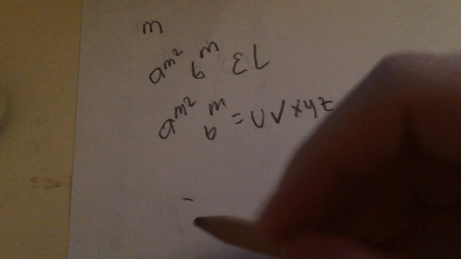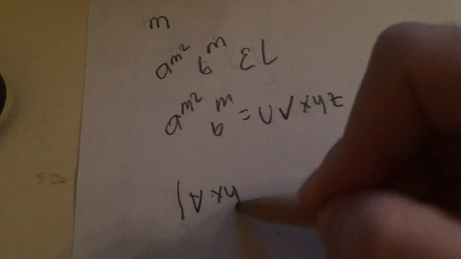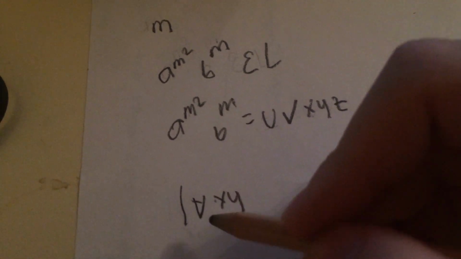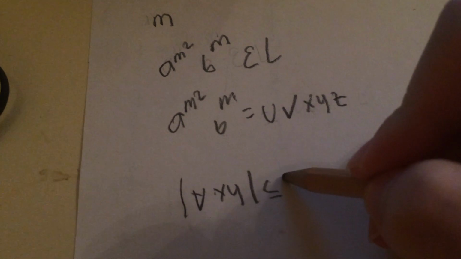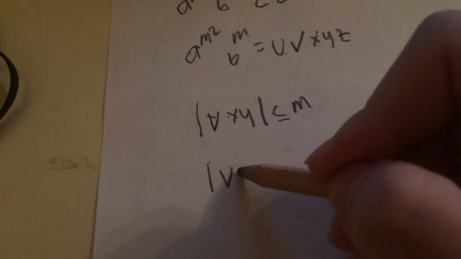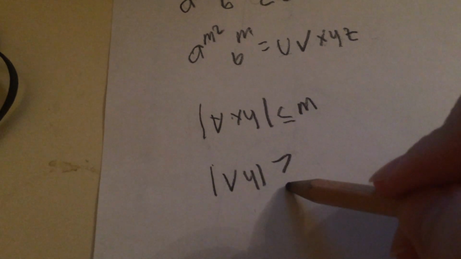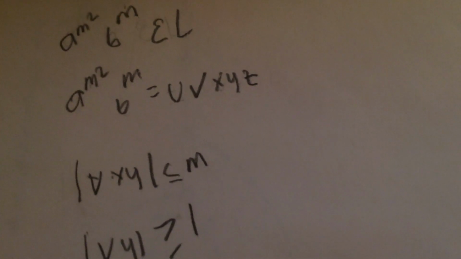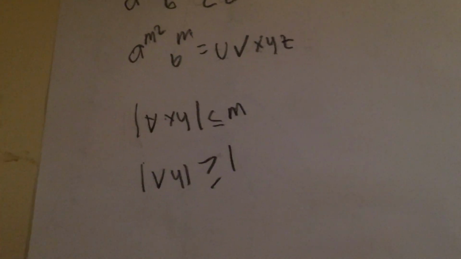That will be: v, x, and y will be less than or equal to m, and v and y will be greater than or equal to 1. So we're going to examine all possible cases for this string.